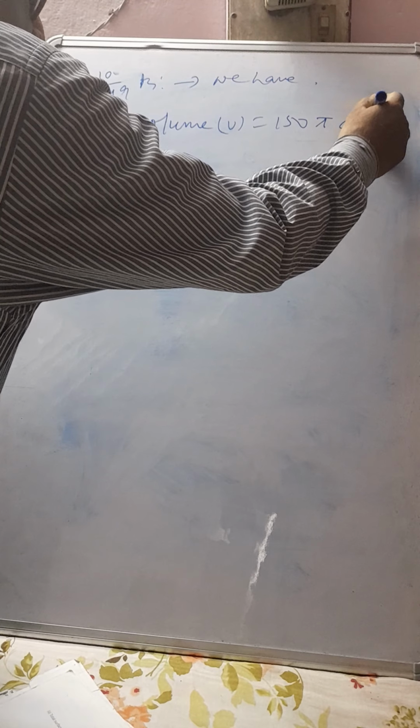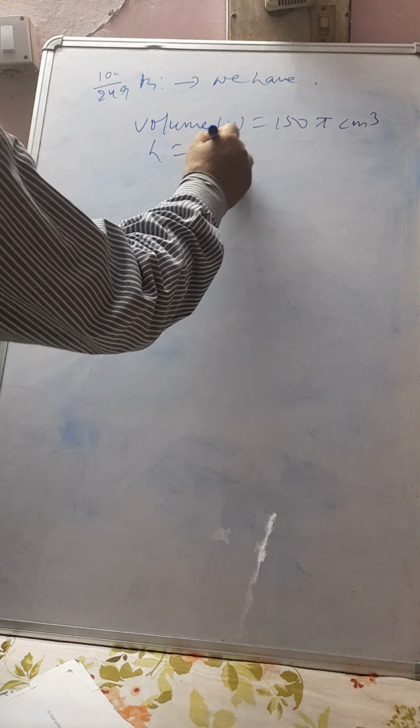The volume of a cylinder is 150 pi. Volume V is equal to 150 pi centimeter cube, and its height is 6 centimeter. H is equal to 6 centimeter. Find the area of its total surface.